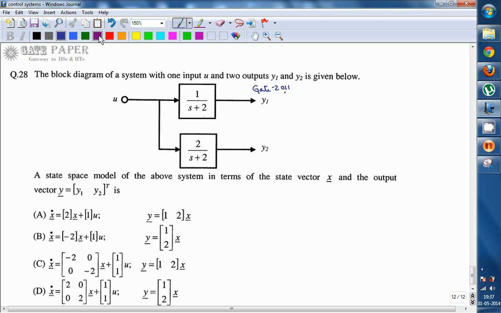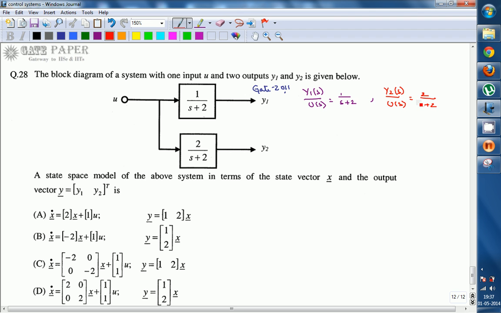So it is given that, taking this in terms of Laplace transforms, y1 of s divided by u of s equals 1 by s plus 2, and y2 of s divided by u of s is given as 2 by s plus 2.